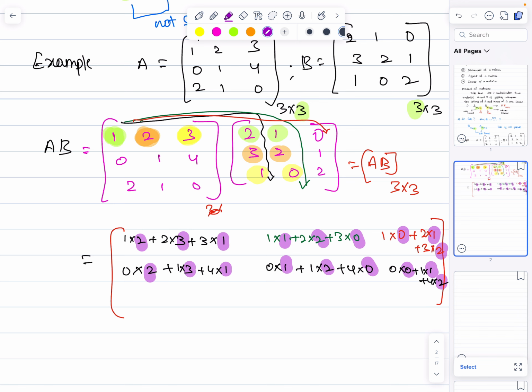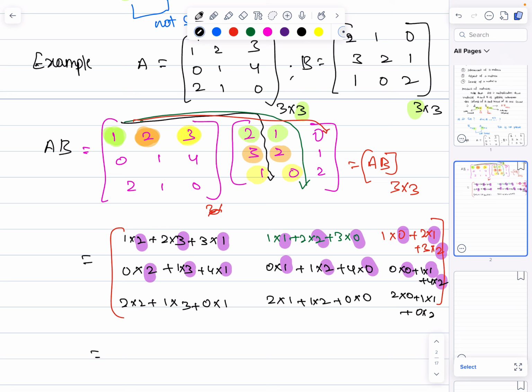And next one, I am taking you to the last row, that is 2 times 2 plus 1 times 3 plus 0 times 1, and the other one is 2 times 1 plus 1 times 2 plus 0 times 0, and 2 times 0 plus 1 times 1 plus 0 times 2.